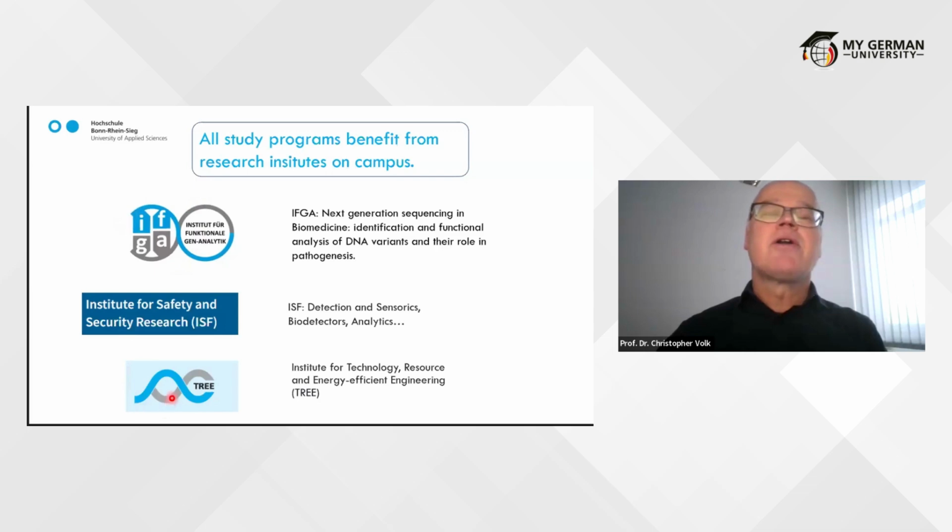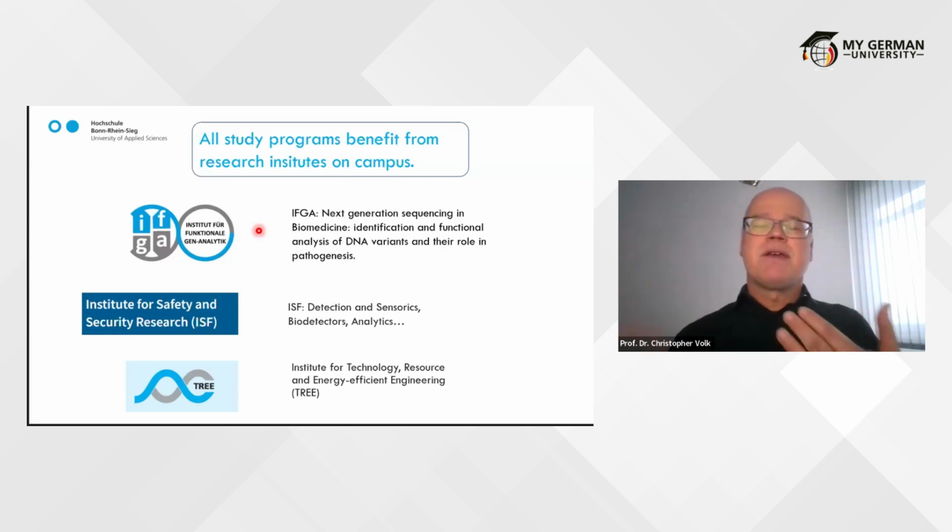Three are connected to our department, especially for the biologists. Most likely the IFCA would be the most relevant one, the Institute for Functional Gene Analysis, which has a strong focus on molecular biology and identifying sequence variants, and also functionally analyzing them, with a specific focus on pathological variants of genes.